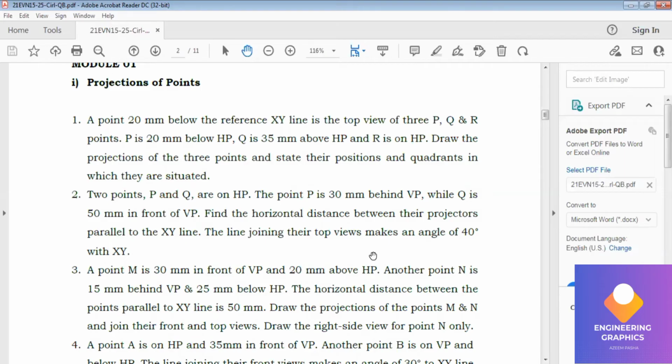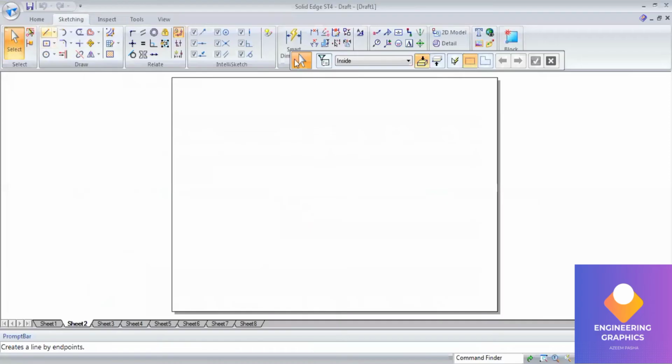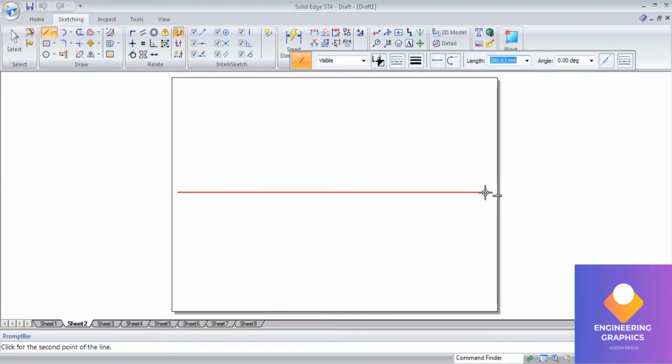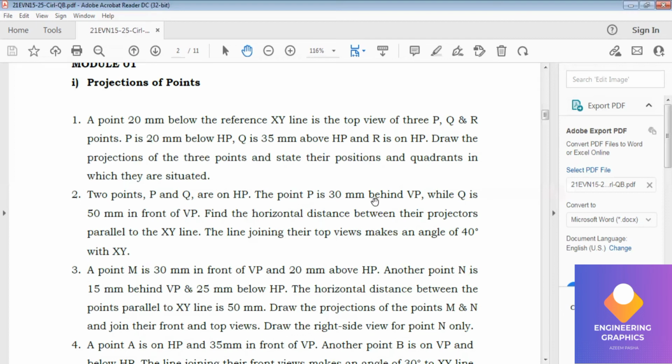First I will start with the point P. So draw the XY line. Point P is 30 mm behind VP.